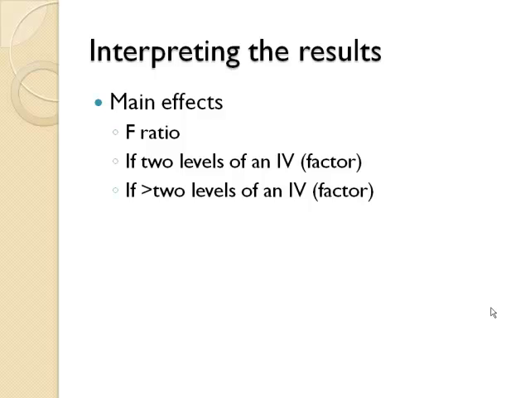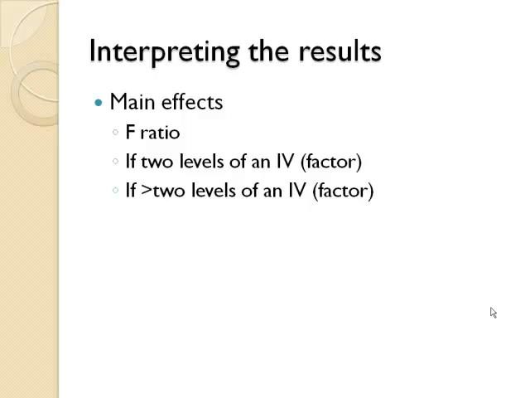We don't know which one's bigger than the other. We can look at the numbers and say, well, this one looks bigger. But if one's a 9, the other's 8.5, and the other's a 4, is 9 bigger than 8.5? Technically, yes, but is it statistically significantly different? Don't know. So if you've got more than two levels in an IV, it's just like we talked about before. When you have one IV with multiple levels, you got to do post hoc tests to identify which means differ significantly from each other.